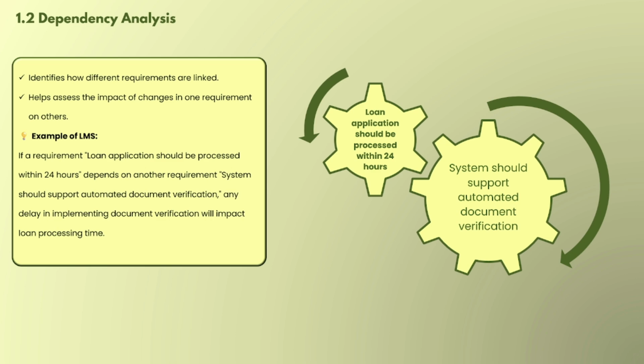Any delay in implementing document verification will impact the loan processing time. So if we satisfy document verification, it will satisfy the TAT of 24 hours. These are interconnected and dependent, which is what we call dependency analysis.